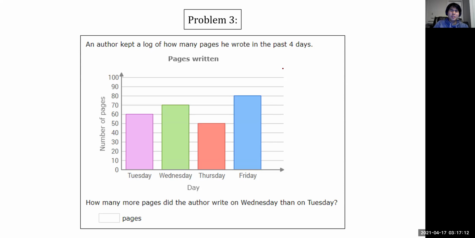And now we have reached the final problem, problem 3. An author kept a log of how many pages he wrote in the past 4 days. How many more pages did the author write on Wednesday than on Tuesday? So it seems to be asking us for something different.